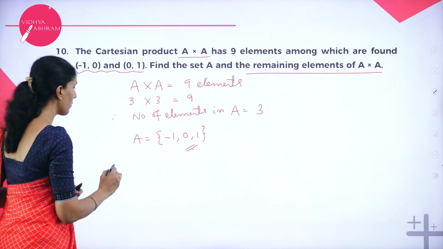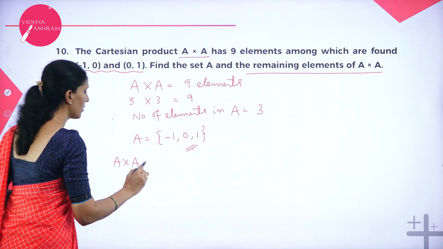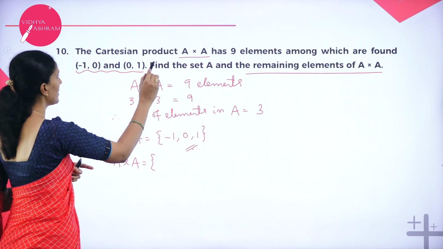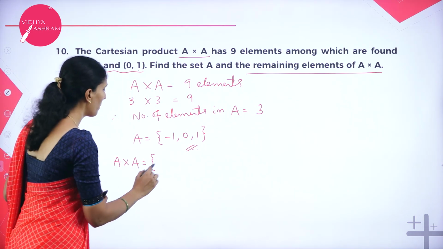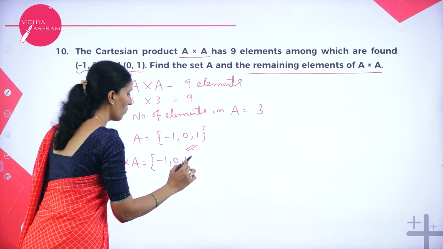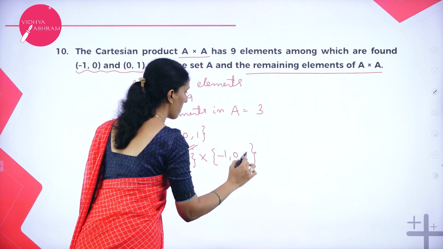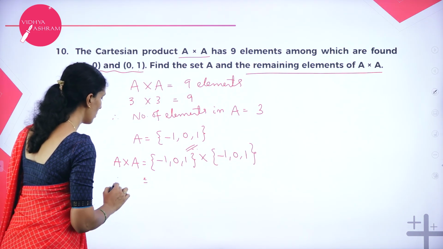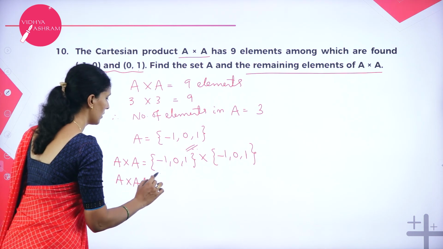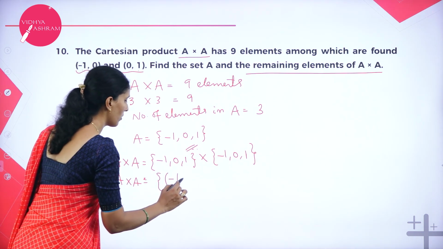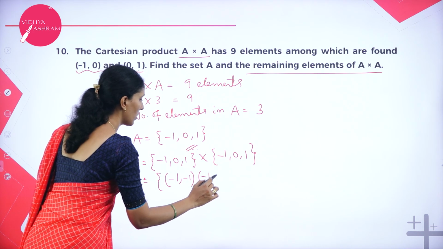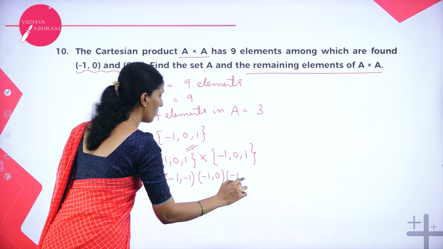So just pair A with A. We have {-1, 0, 1}. Now pair again {-1, 0, 1} with {-1, 0, 1}. When you pair it, it is (-1, -1), (-1, 0), (-1, 1).